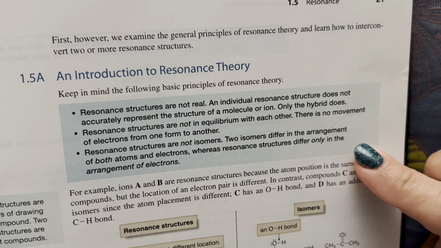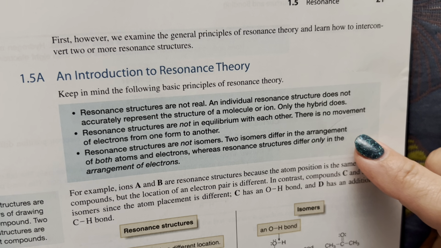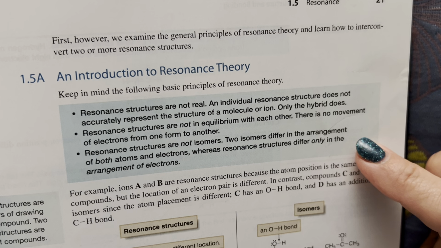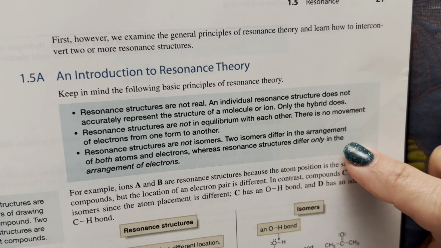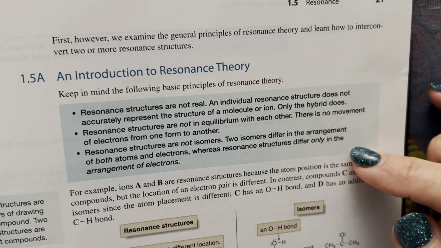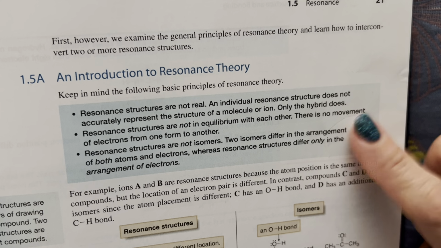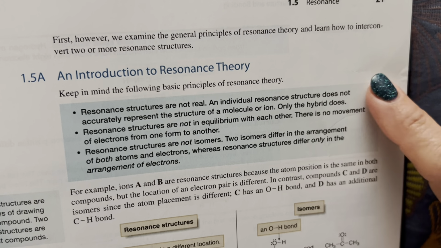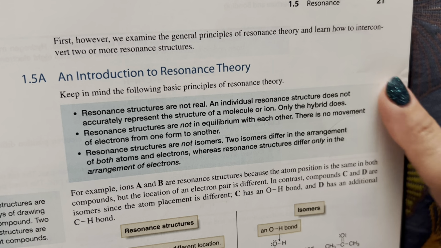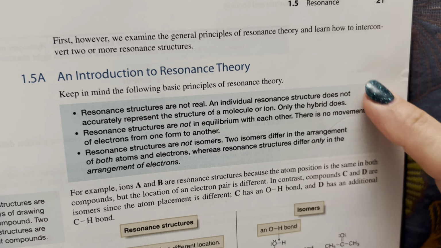Resonance structures are not isomers. Two isomers differ in the arrangement of both atoms and electrons, whereas resonance structures differ only in the arrangement of electrons. Okay, so these are all very important to be familiar with and to understand.